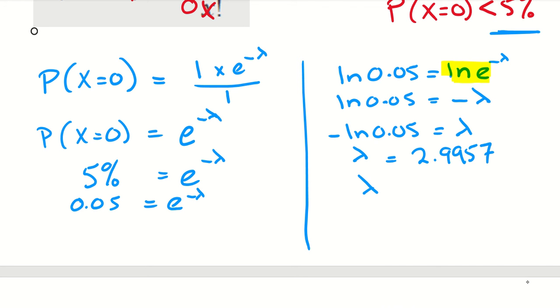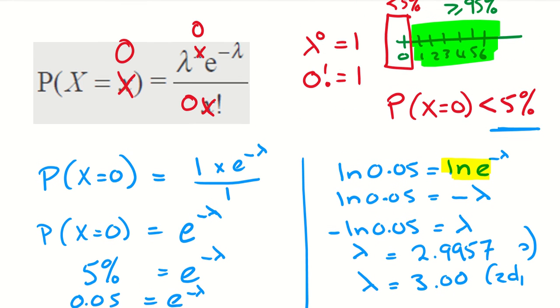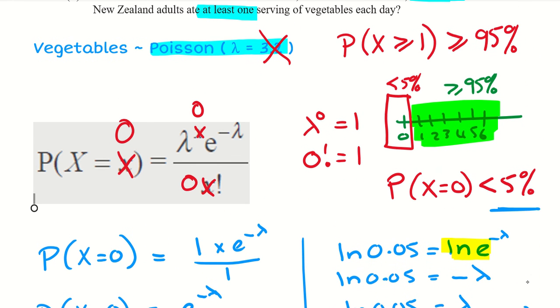I'm going to round that to 2 decimal places, so that's going to become 3.00 to 2 dp. So that is what our rate would need to become in order for the probability of 0 to be less than 5%, which is equivalent to the probability of being at least 1 being more than 95%.